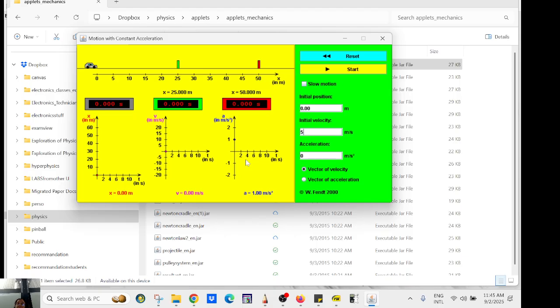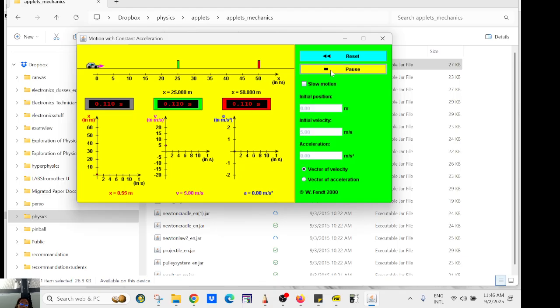So talk to each other, and what you should see for the acceleration here. Nothing, 0. So it's a horizontal line. Is the velocity changing with time? No. So it should be a horizontal line, right? What about the position? Is the position changing with time? Yes. It should be a line.